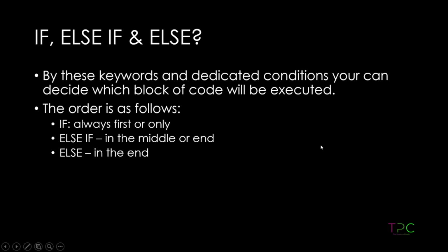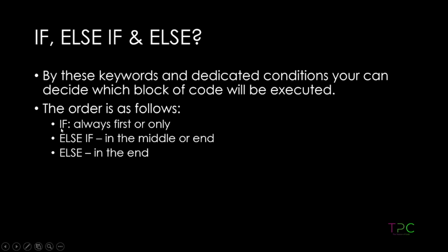So first of all, we need to understand they are associated in some way. And the second thing is the order in which they are executed. As you see here, the if statement is always in the first place, or the only one if we have only one condition to check.